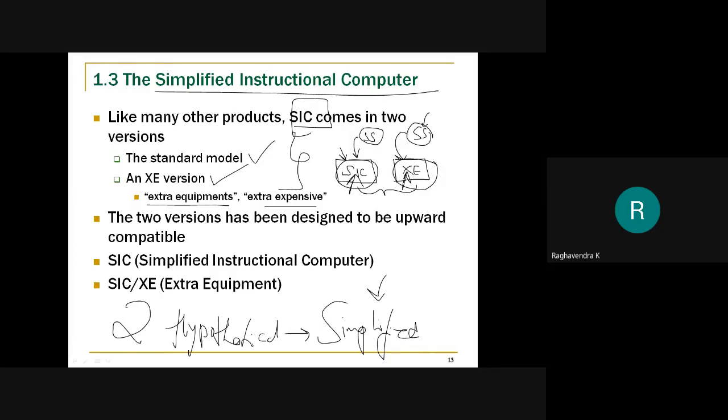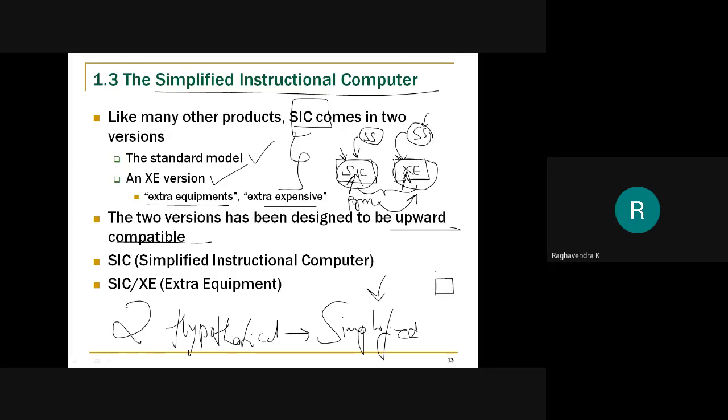Now, one more thing to remember here is that both of them are upward compatible. What do we mean by upward compatible? Upward compatible means if I have written any program on SIC, the same program can be run on SIC/XE.